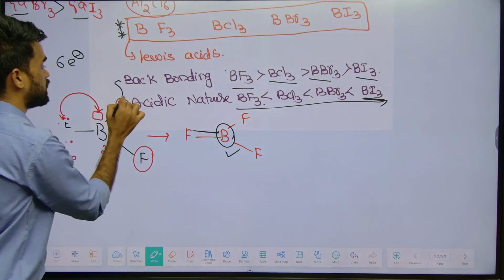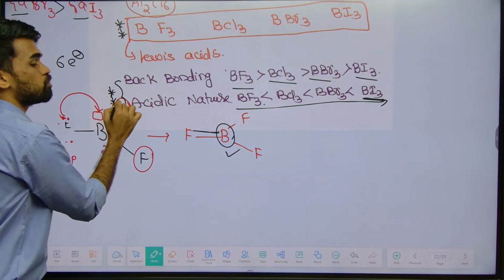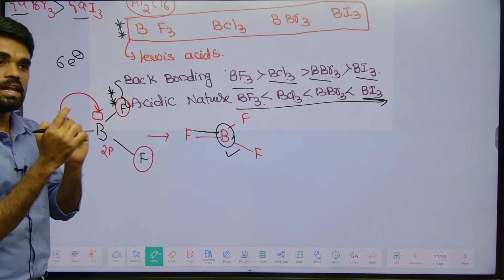Write these two orders, very important. So more back bonding, less acidic nature.